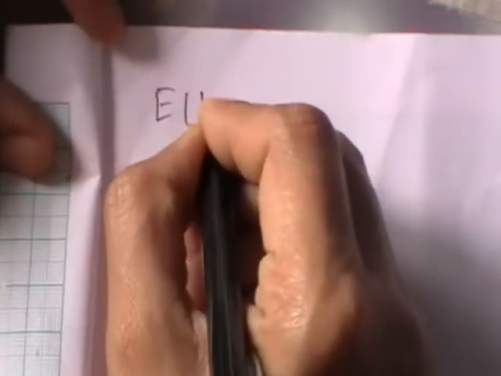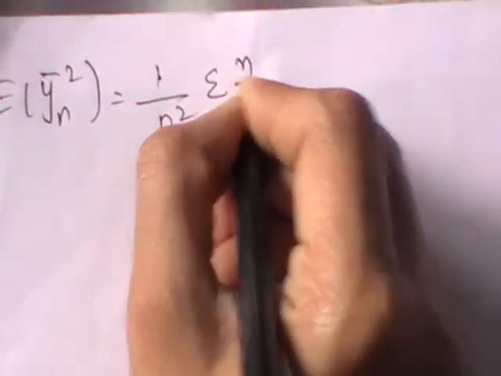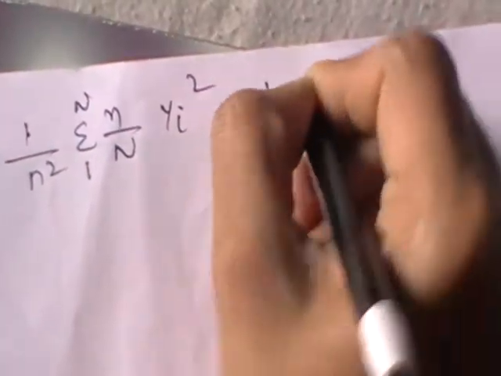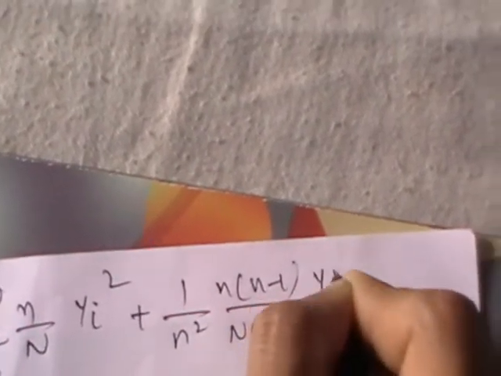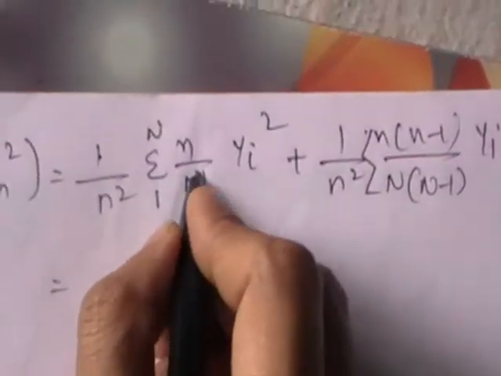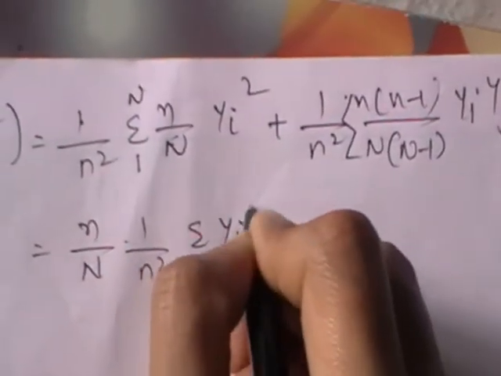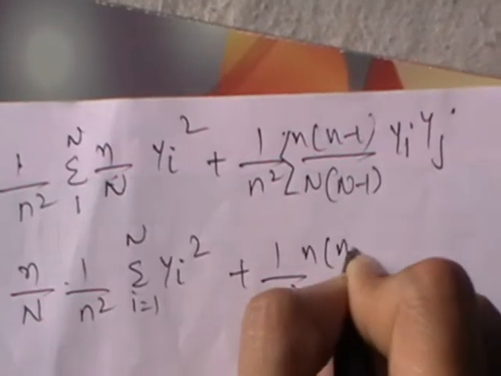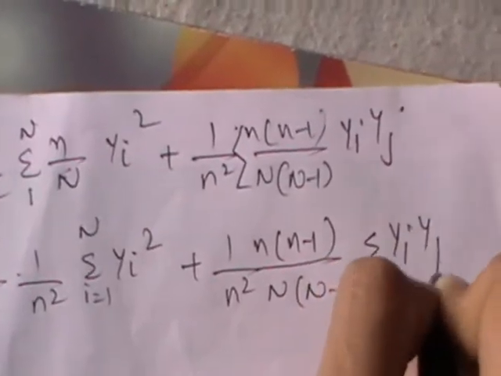We have considered the first term of equation number 1. So we got 1 by n square sigma n by N yi square, i equal to 1 to N, plus 1 by n square n into n minus 1 by N into N minus 1 sigma yi yj.